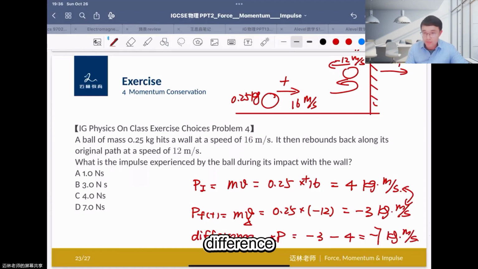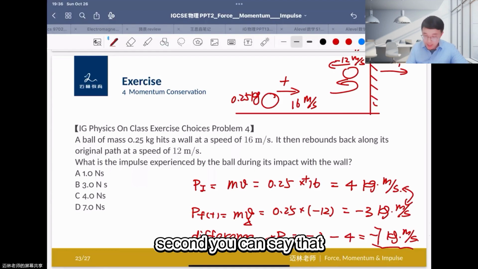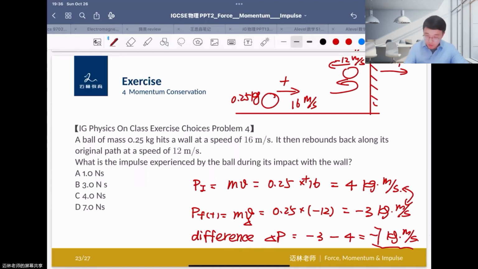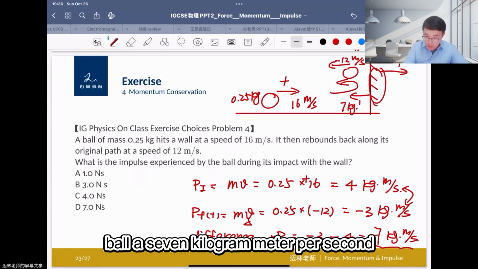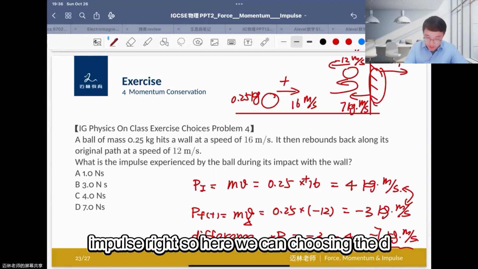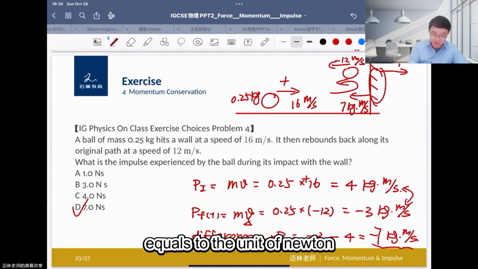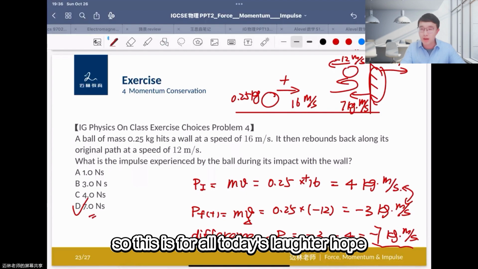So using negative 7 kilogram meter per second, you can say that the ball has experienced an impulse from the wall. So the wall gives the ball a 7 kilogram meter per second impulse, right? So we can choose D, because kilogram meter per second also equals the unit of Newton times second.